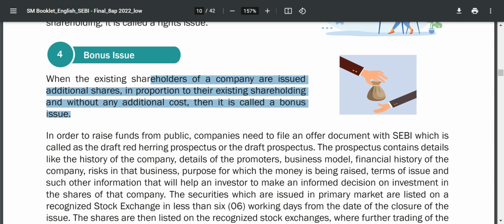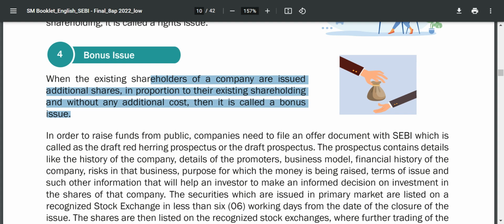This activity is practiced to bring more investors into the company and make the share look more attractive.